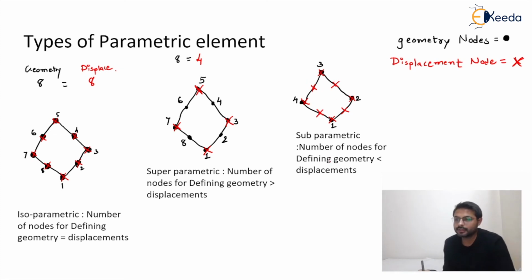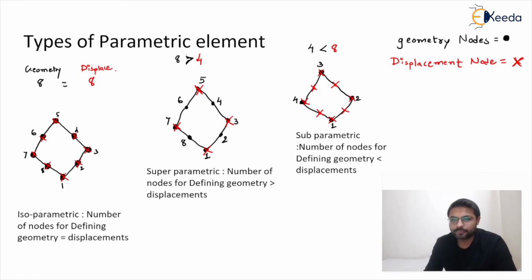So here the number of nodes defining the geometry is lesser than for the displacement. That's why it is known as a subparametric element.